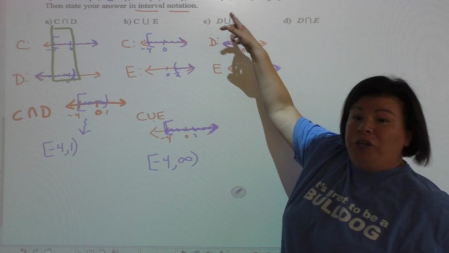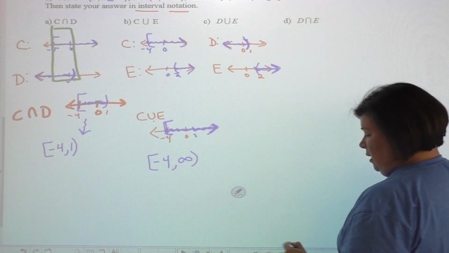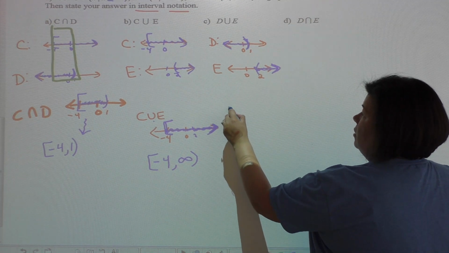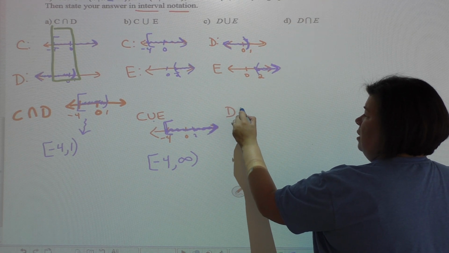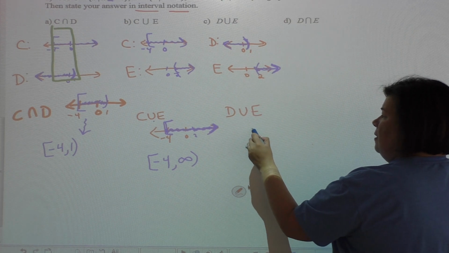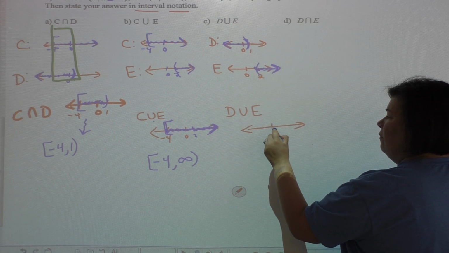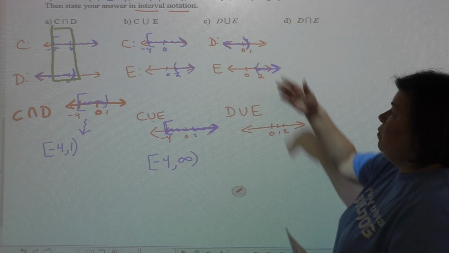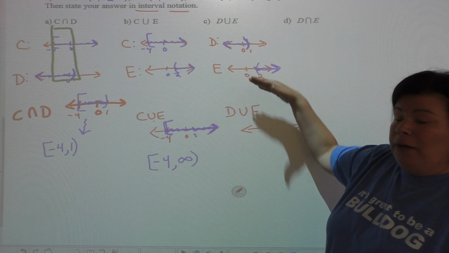So because I want the union of set D and E, that means together, so D united with set E, that means that graph, 0, 1, and 2, I just want to put both of them on here.